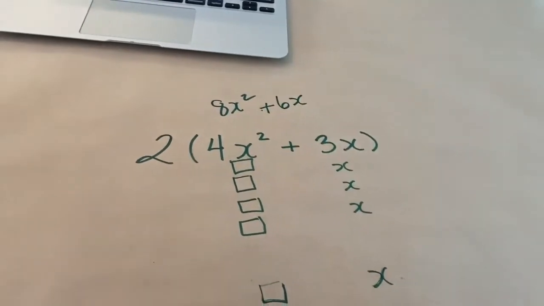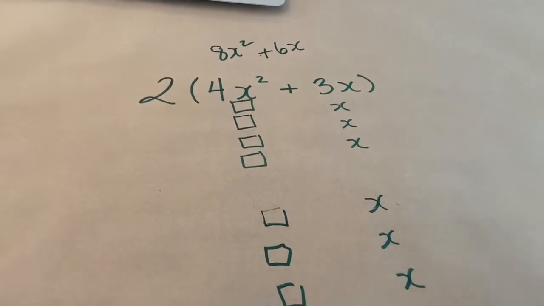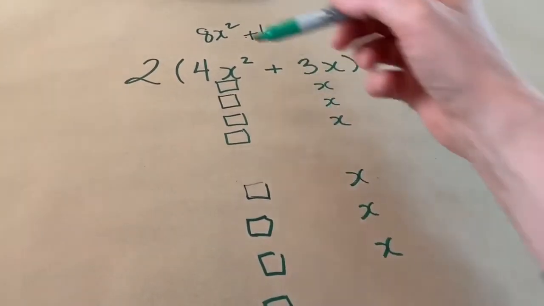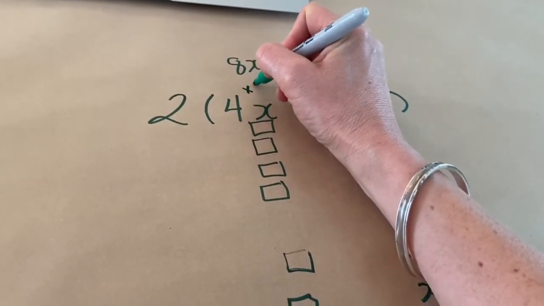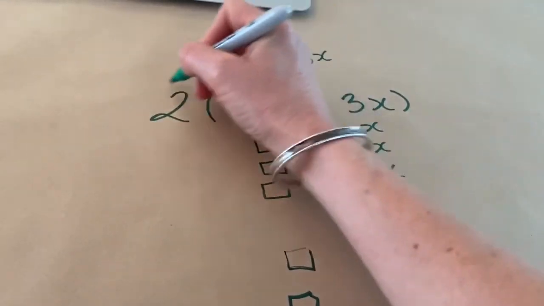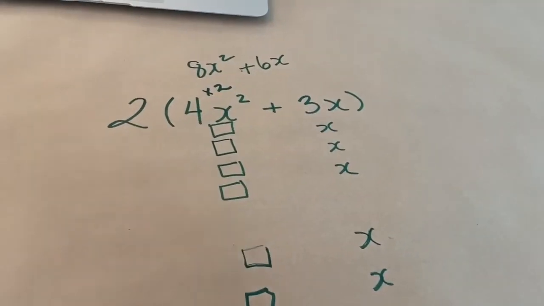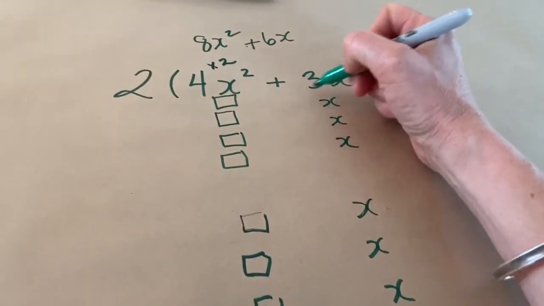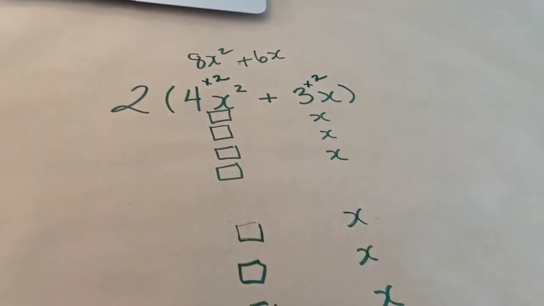Now, there must be a way you can do that simply without having to draw it. The way I got the 8 here was I did 4 times 2. I took this number here and multiplied the 4 times 2. And in the same way, I took the 3 and multiplied it by 2. 3 times 2 is 6.